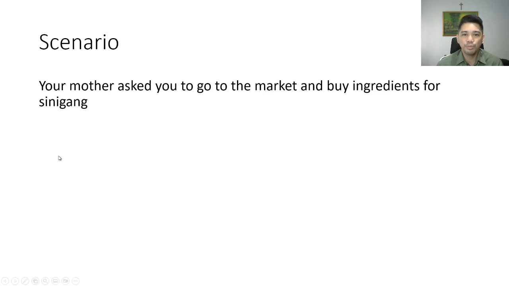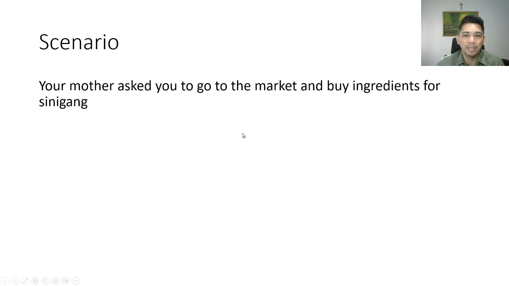Now let's move to this scenario. Paano ba natin i-approach ang organization? Let's try using this scenario. Your mother asks you to go to the market and buy ingredients for sinigang. Magluluto si mami ng sinigang. So, I want you to pay attention to this.